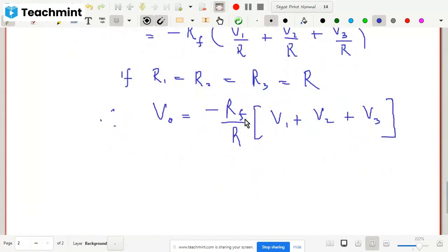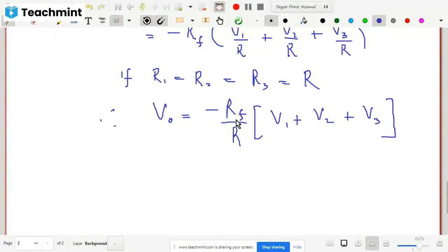The output is proportional. I cannot say equal to, because there is some constant quantity also here. I cannot just say that the output is equal to the sum of the input voltages here. Till now I cannot say. What I can conclude is that the output voltage is proportional to the sum of the input voltages. These are the input voltages I am applying.